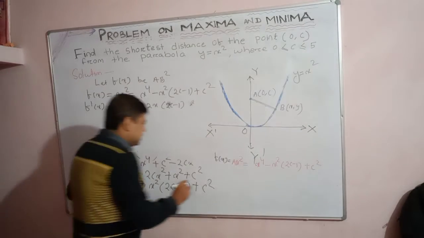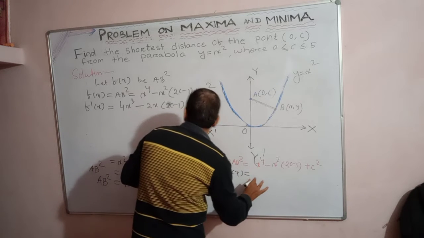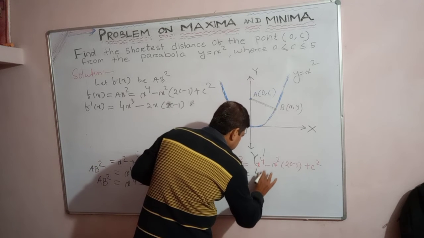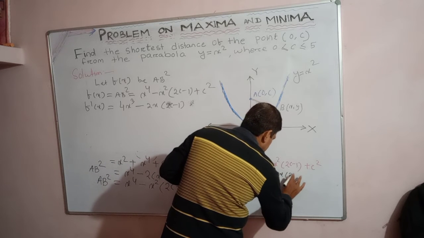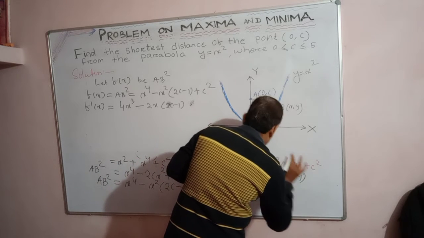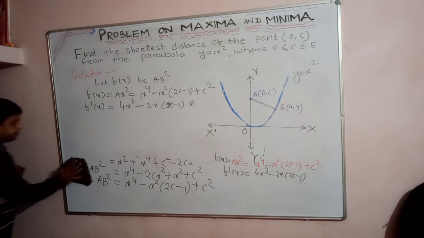So we got f dash x equal to 4x cube minus 2x whole into (2c minus 1).